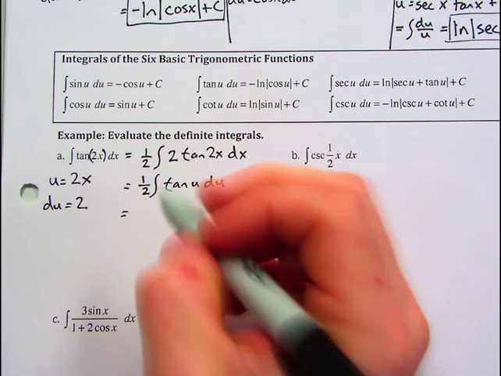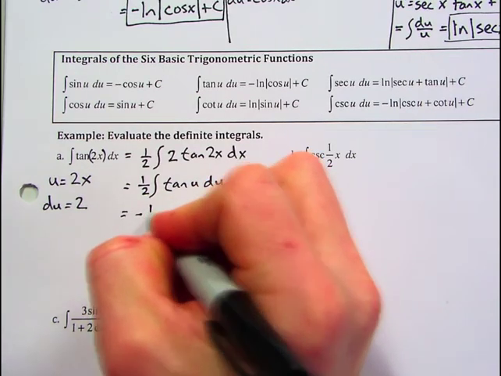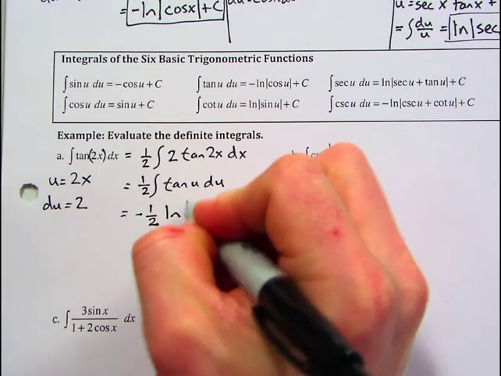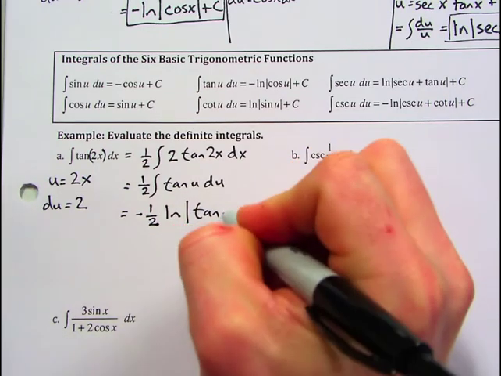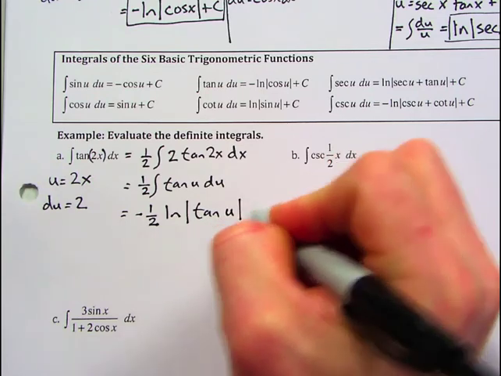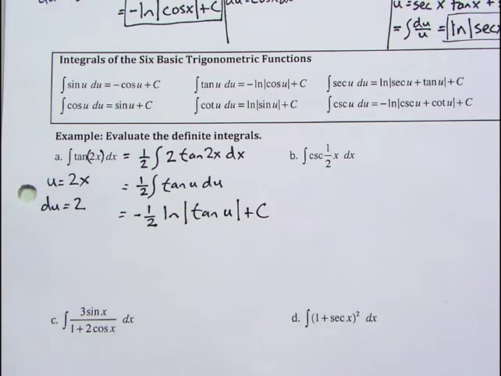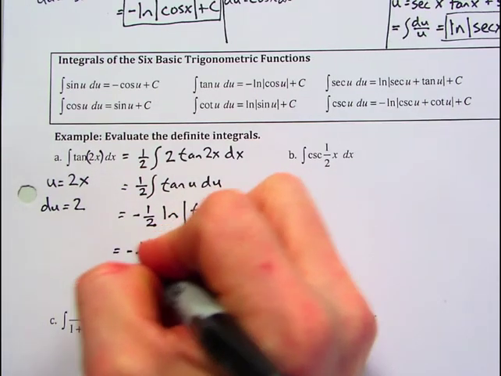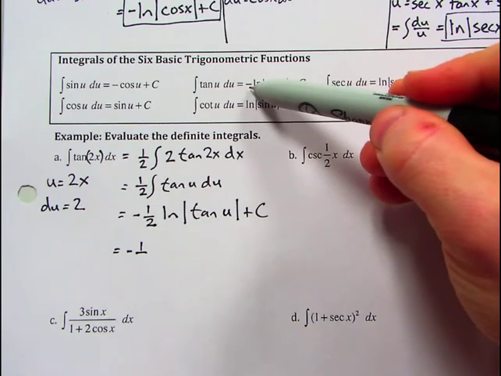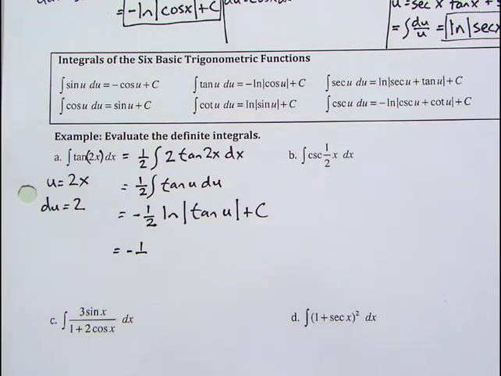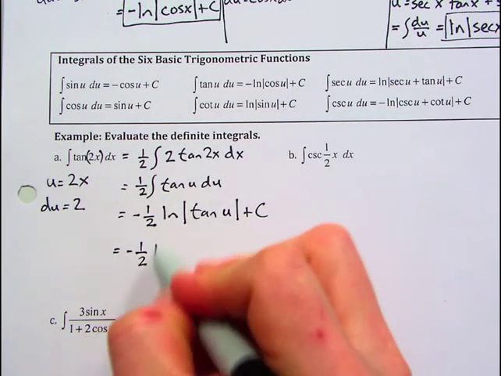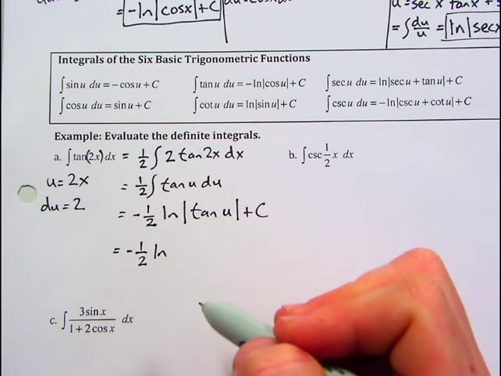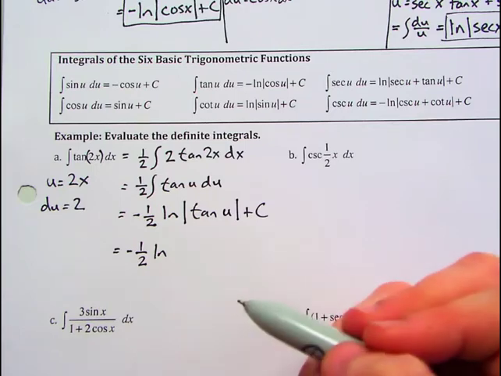So it's going to be negative 1/2 times the natural log of cosine u plus c, and then we substitute in for u.